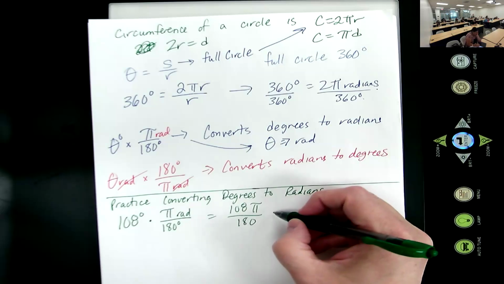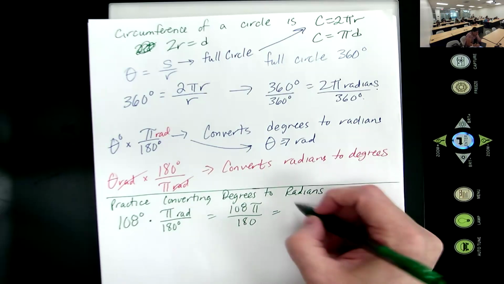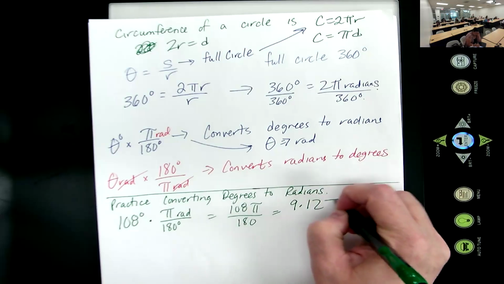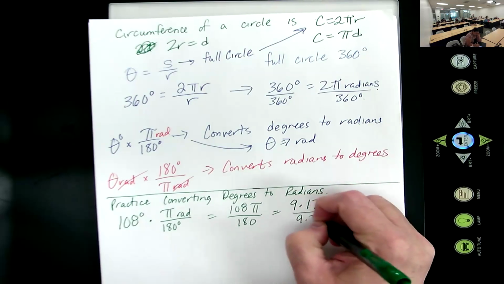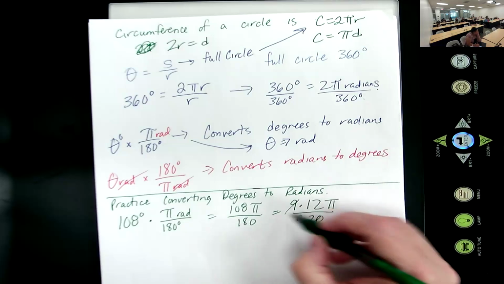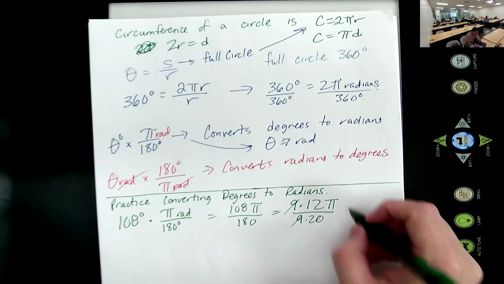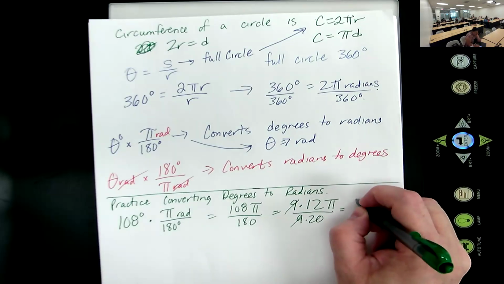Now this reduces. Let's see, 108 is 9 times 12, and the bottom is 9 times 20. So the 9's cancel out, and I got 12 over 20, these are both factors of 4.